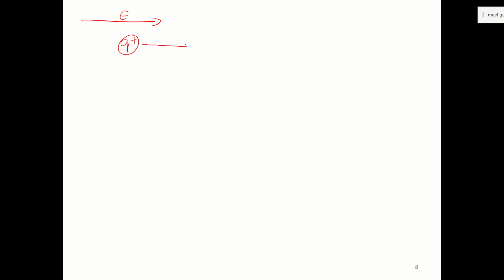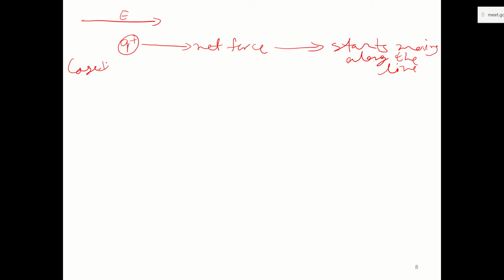It feels a net force in this direction, and it starts moving along this line that you can imagine. So this is the movement, and this is case 1.